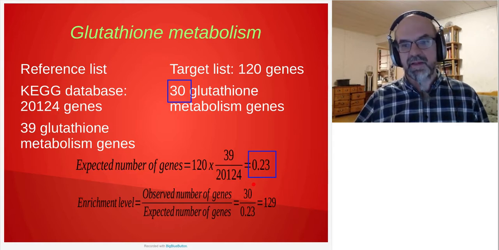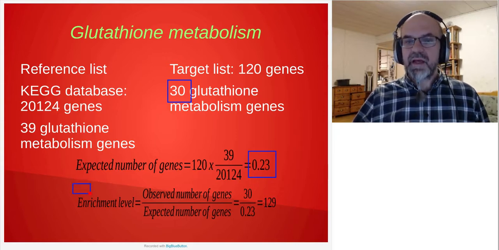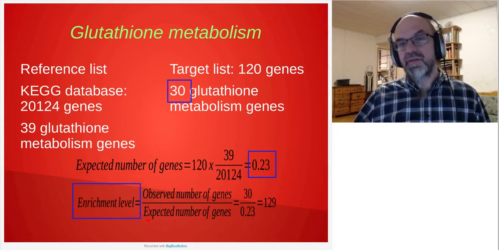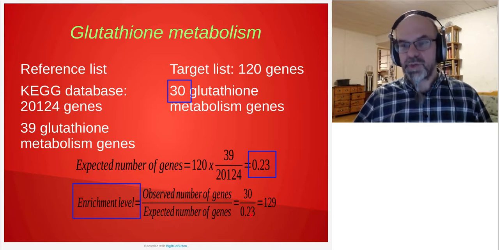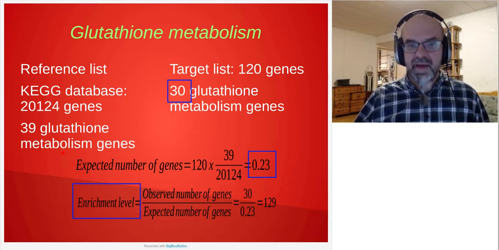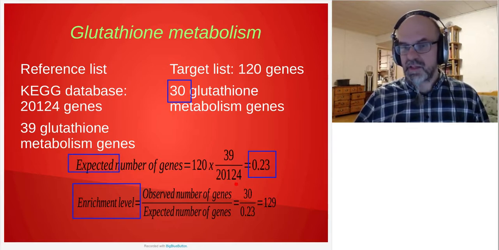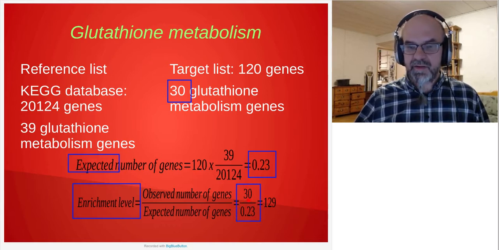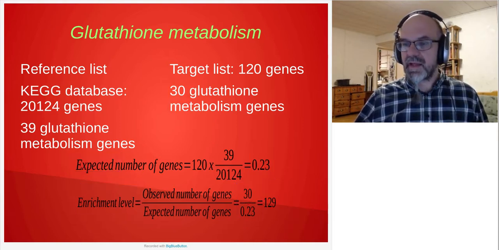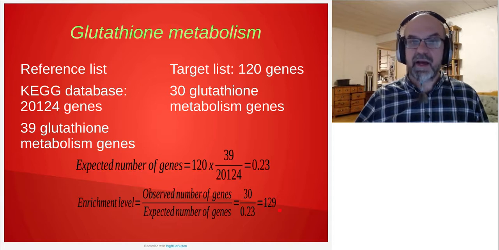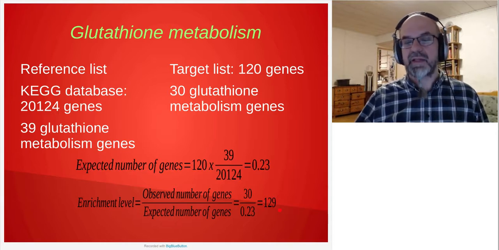something significant. We can calculate the so-called enrichment level, which just tells us how many times more we observe than we expected. We basically calculated the fraction of the actually observed number of genes and the expected number of genes. And we can tell that, hey, we see 129 times more than we expected.